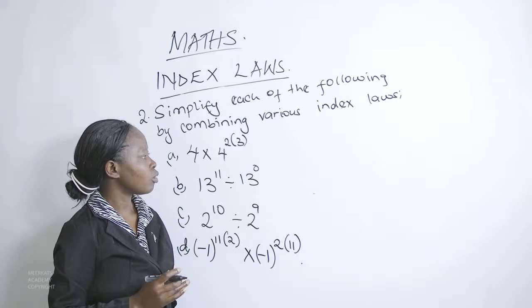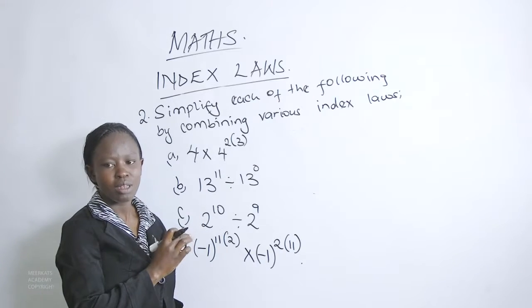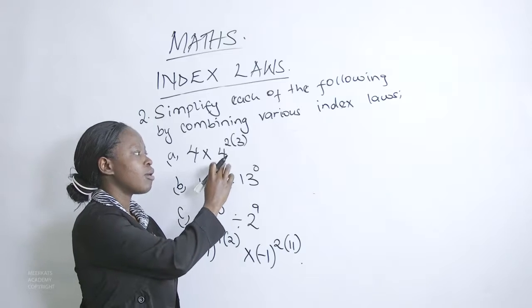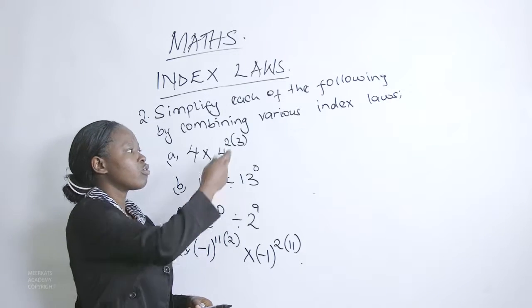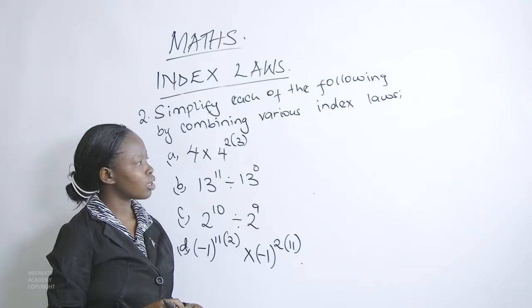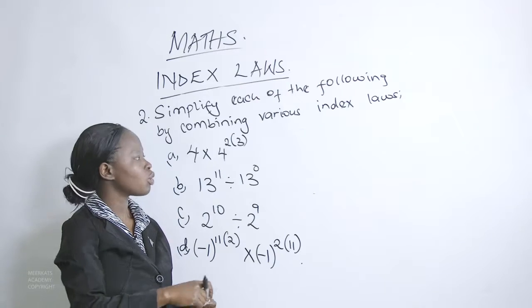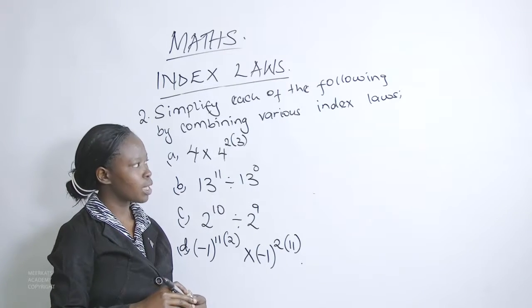So when we are looking at this, we discover that we have the same base, but apart from having the same base, our second number has a power of a power. So it means we first simplify the second part of our question before we go ahead and simplify the combined part.